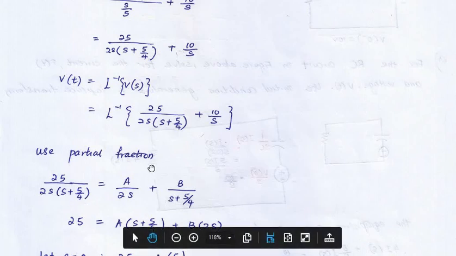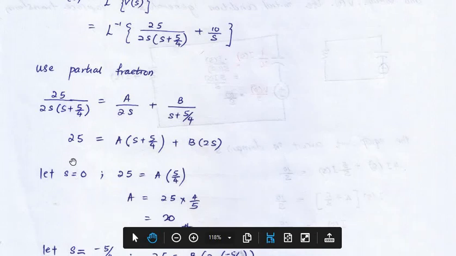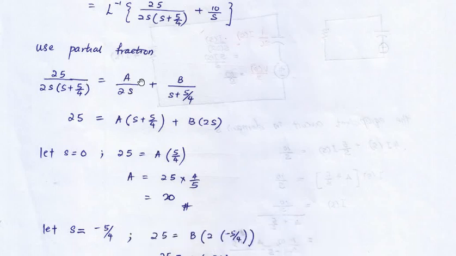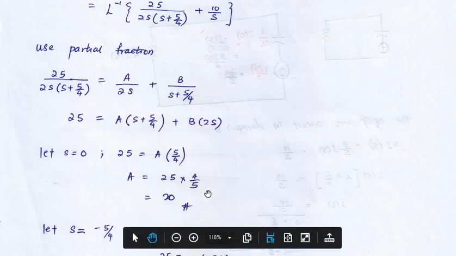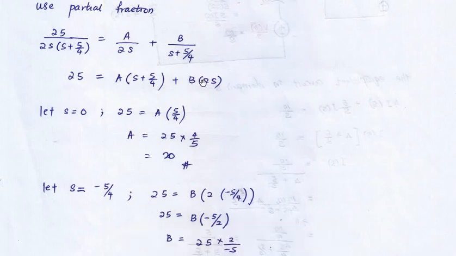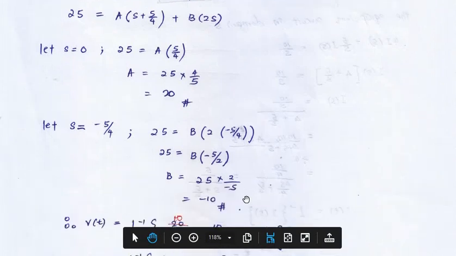You use A and B. From here you find A. You assume s is 0, so 25 equals A multiplied by 5 over 4, so you get A equal to 20. Then you assume s equals minus 5 over 4 for B, and you get B equal to negative 10.